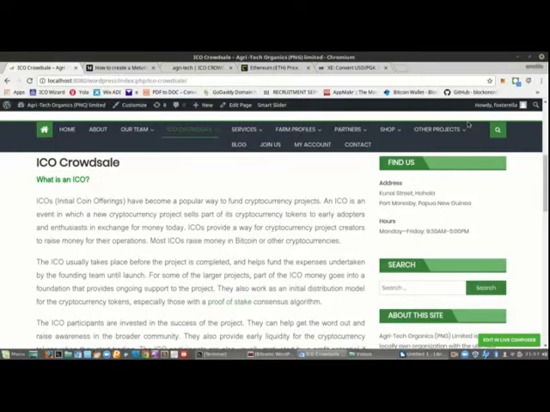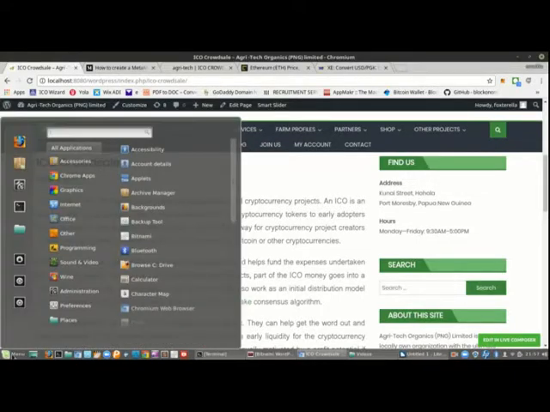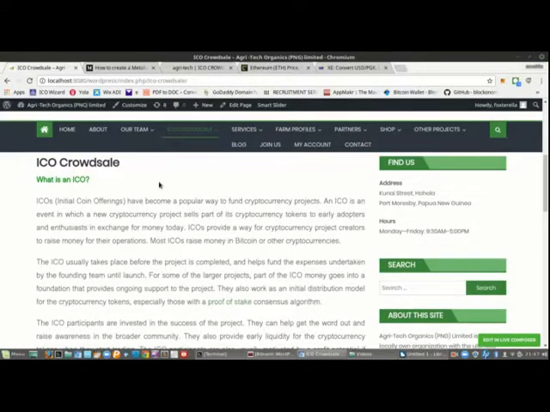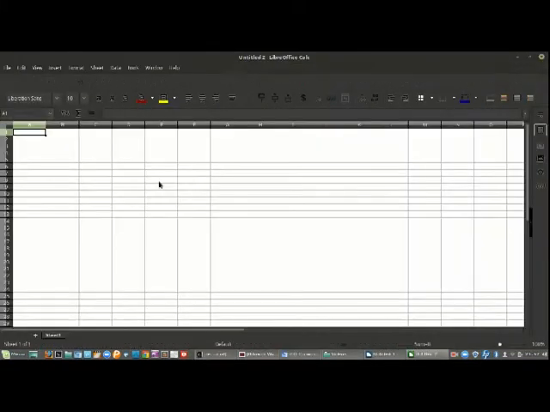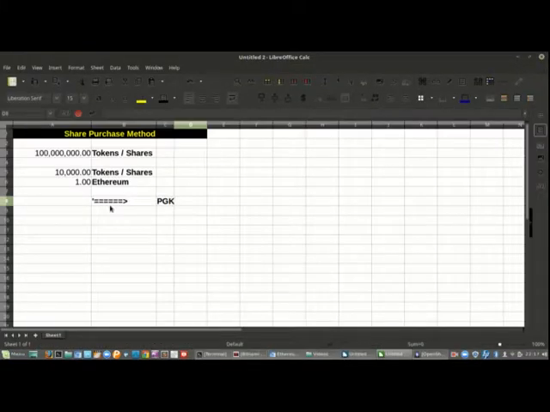To answer that question, let me quickly go to our Excel spreadsheet. As mentioned earlier, Agri-Tech will be offering tokens or shares to the general public, both within Papua New Guinea and abroad. In order to purchase tokens or shares, you will need Ethereum.